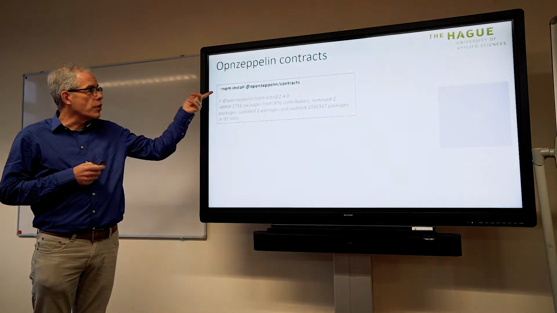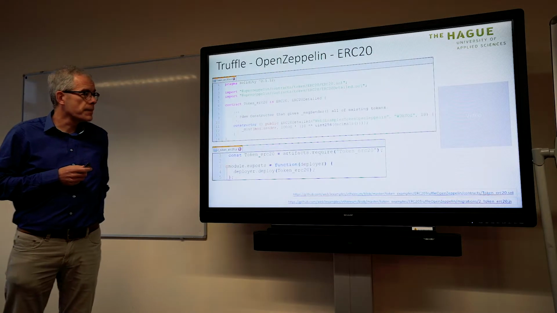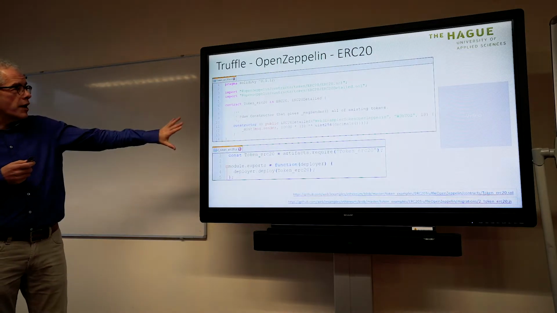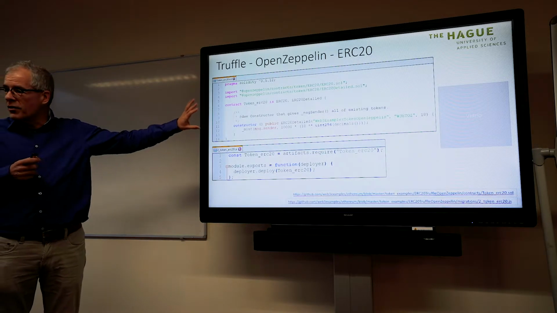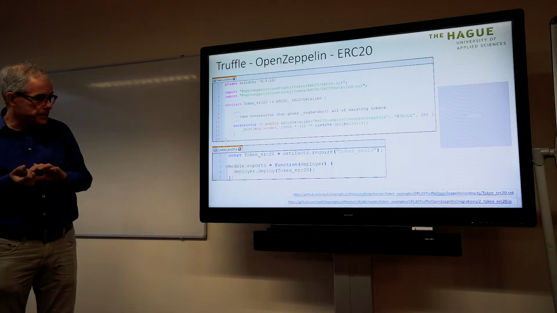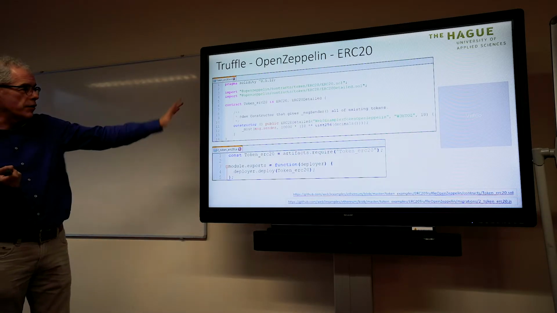So first you're going to install it with npm install. And then you can use Truffle as we did before to deploy those contracts. And we have the two pieces.